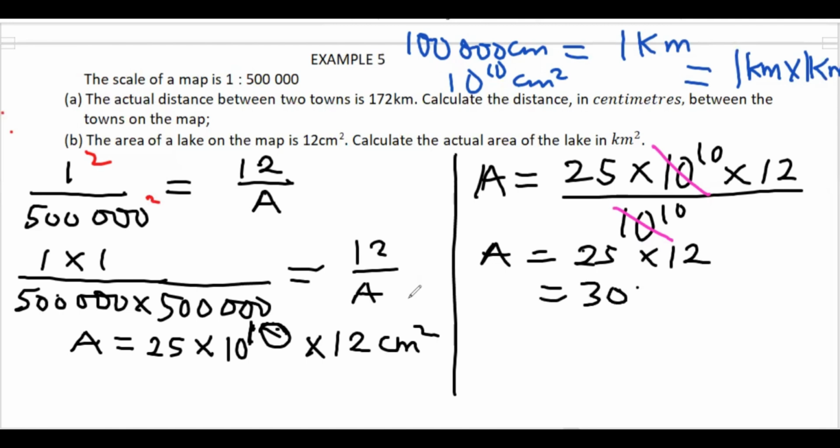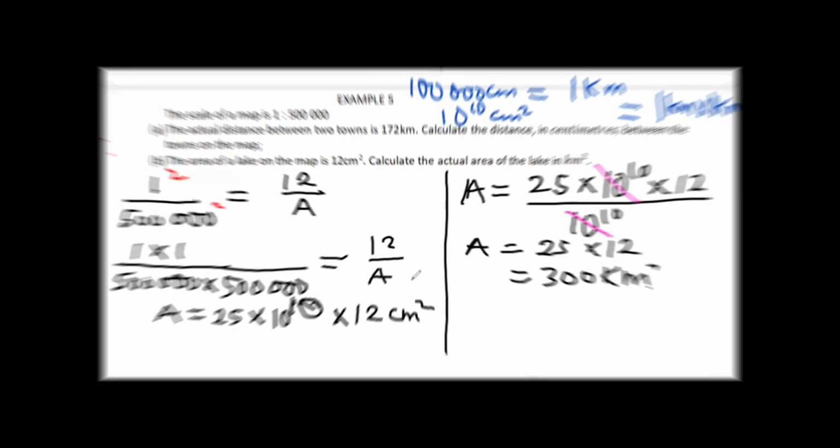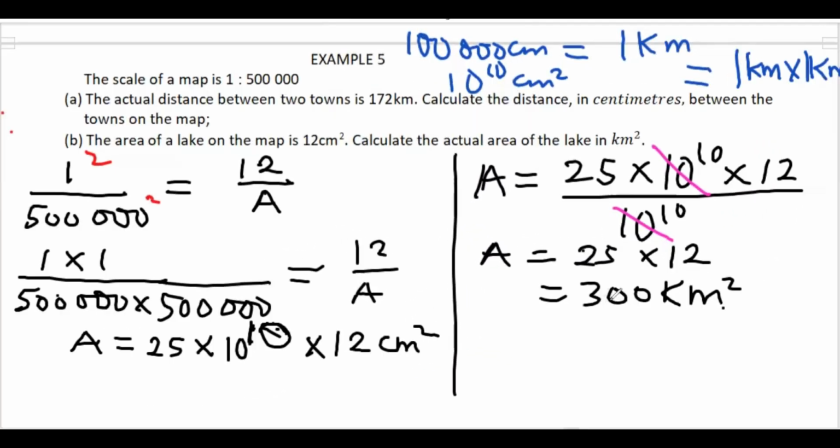So we have successfully converted to kilometers. That means an area of 300 kilometers square on land is represented by 12 centimeters square on paper. This is the final answer of the B part.